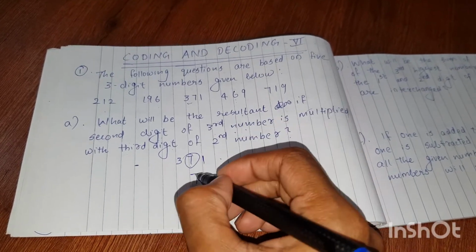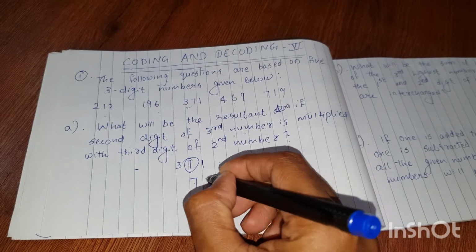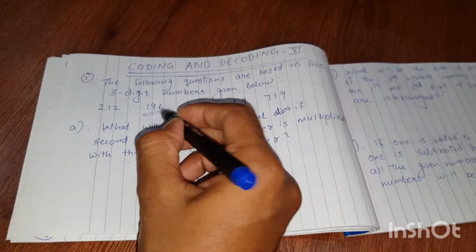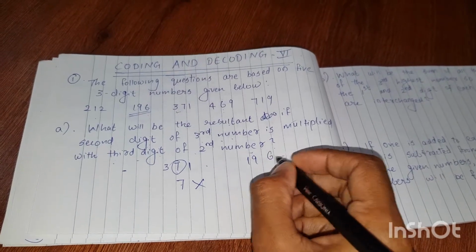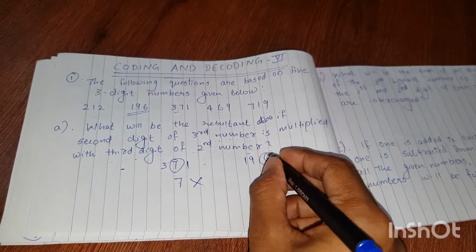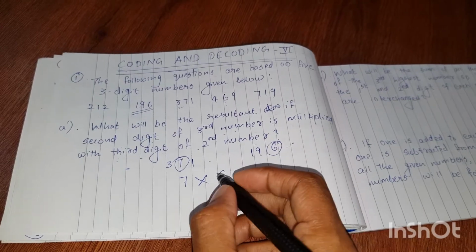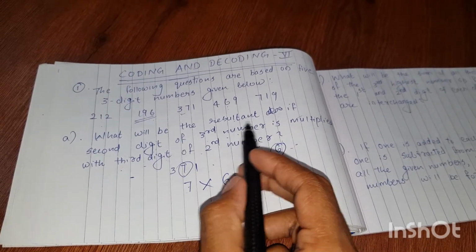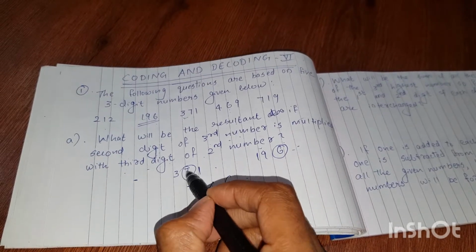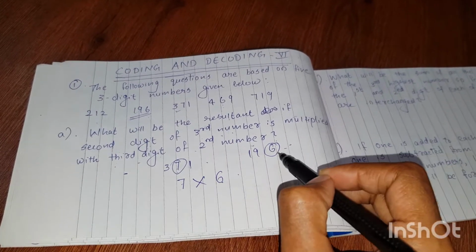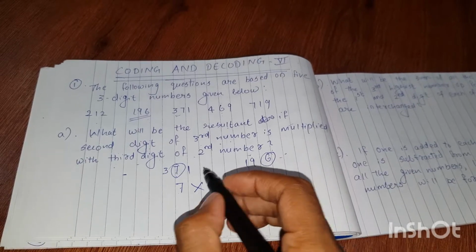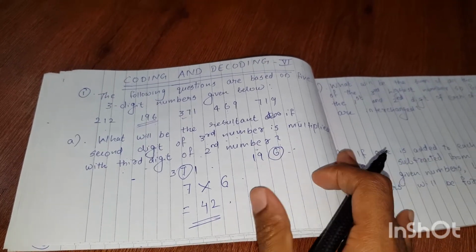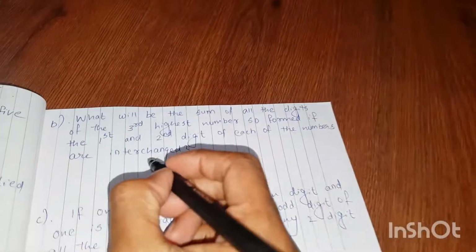The second number is 196, and the third digit of 196 is 6. So 7 times 6 is 42. So the answer is 42. Understood? Now going to the second question.